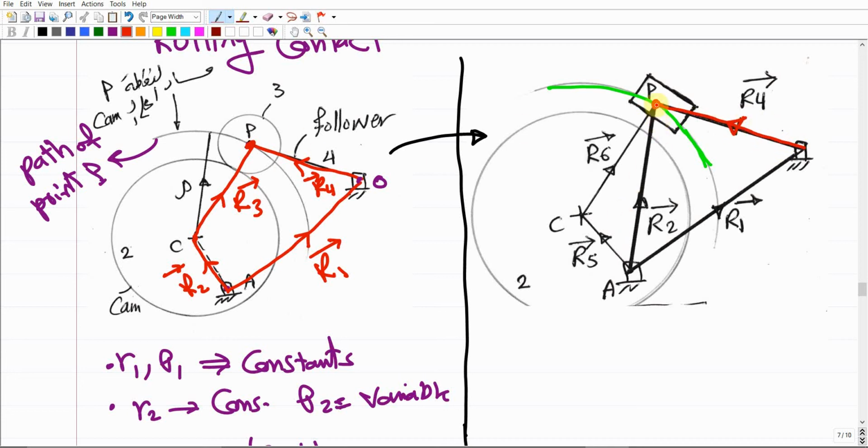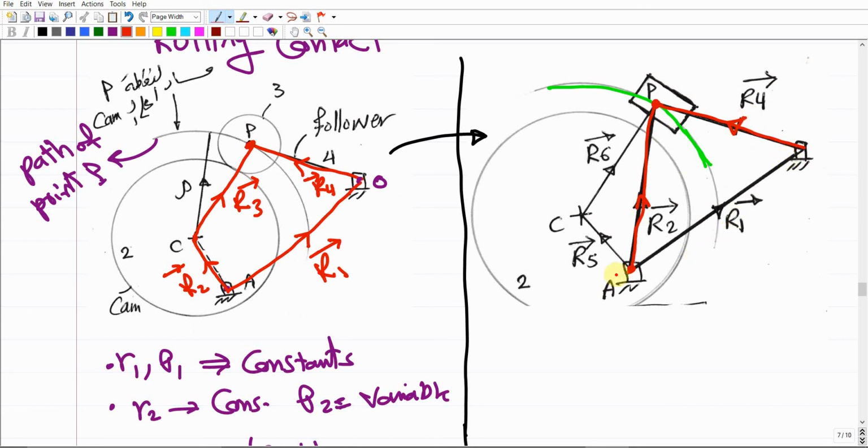And if you connect the point of contact to the fixed point of the other object, because the cam rotates about point A, this is going to give us R2. This R2 defines the velocity and the acceleration for the cam, and R4 defines the velocity and acceleration for the follower.